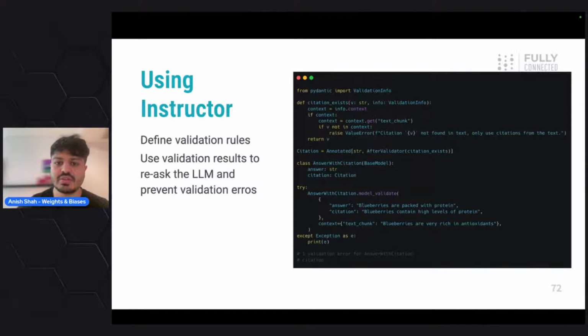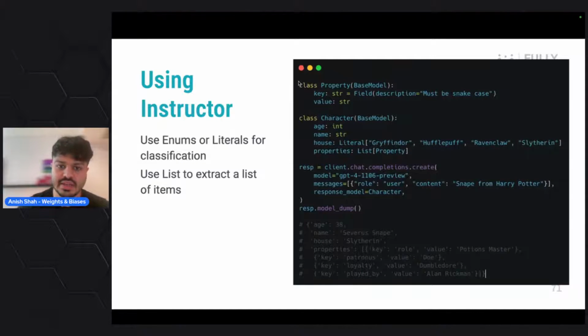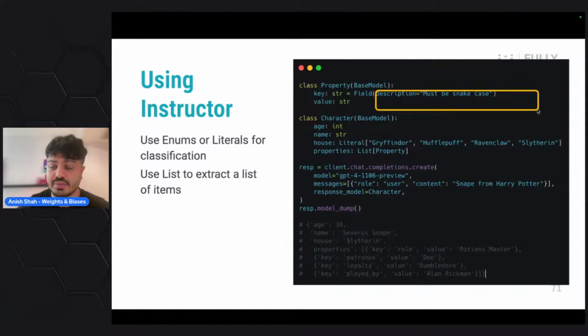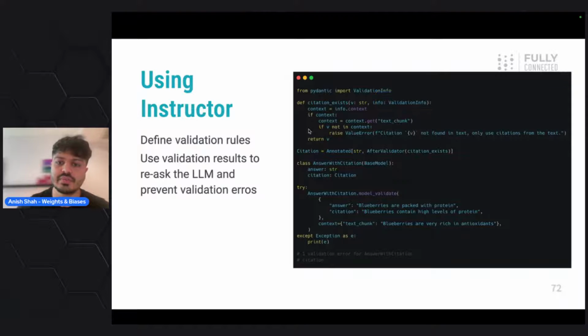While this is all done implicitly, like validating whether or not something is snake case based on the description, we can also use validators directly from Pydantic to do this ourselves. So for instance, one thing we wanted to do is have a validator that checks if a citation exists.